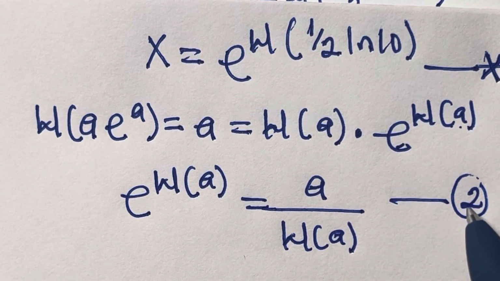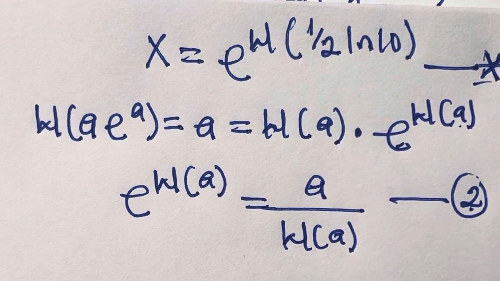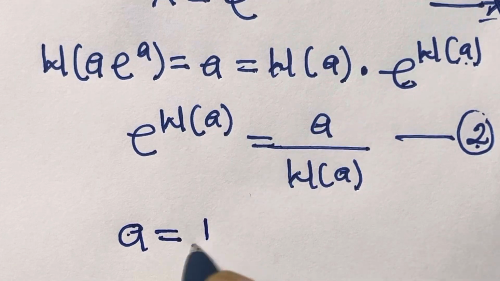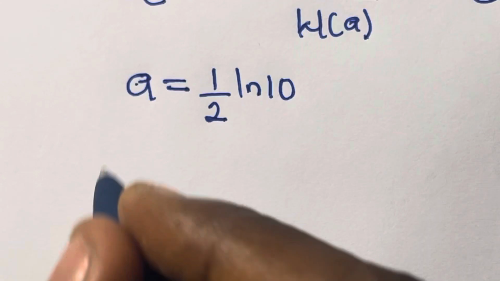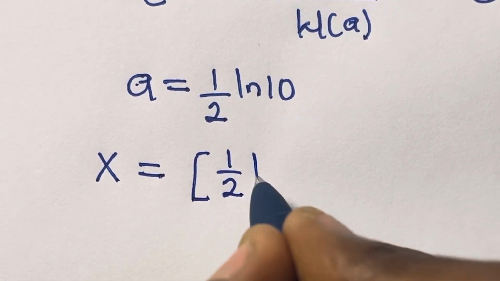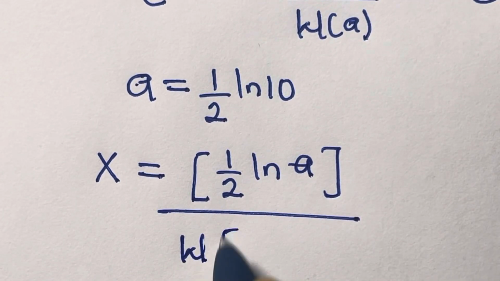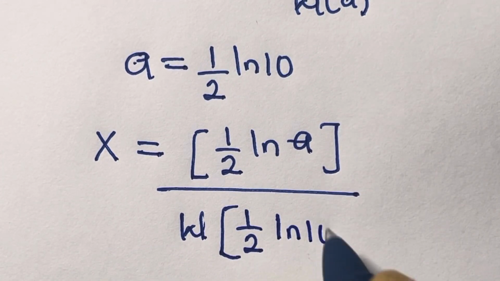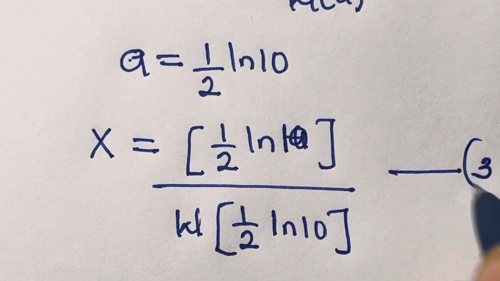So now if you compare equation 2 with star, we are going to have our a to be 1 divided by 2 ln 10, right? So that means we will have our x to be 1 divided by 2 ln 10, divided by the Lambert function of 1 divided by 2 ln 10. Sorry, this is 10. All right, name this equation 3.